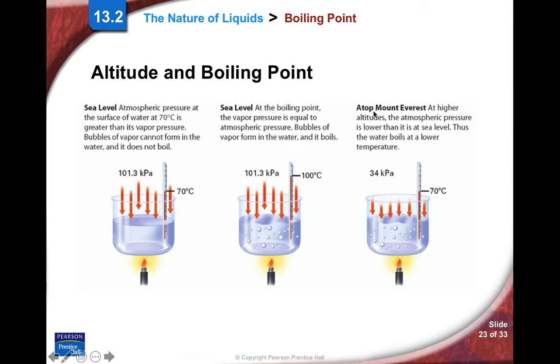But if you go up to Mount Everest, there's only 34 kilopascals, and water will boil at 70 degrees. So same appearance, boiling, different temperatures by a lot. And why? Because the pressure is so much different.